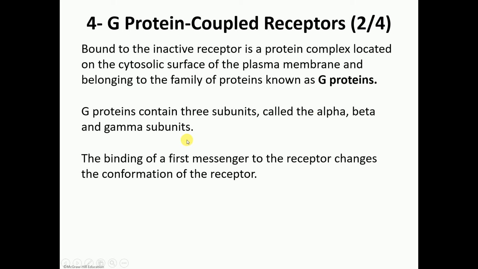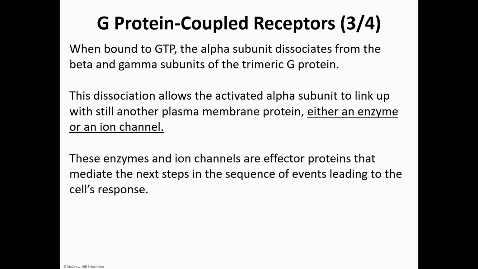And then when the first messenger attaches to the receptor, the receptor protein changes, and that would start the activation process. GDP is phosphorylated to GTP, and that would lead to the detachment of the whole G protein. And then the alpha subunit also detaches.